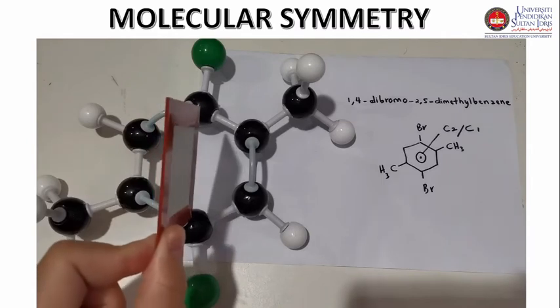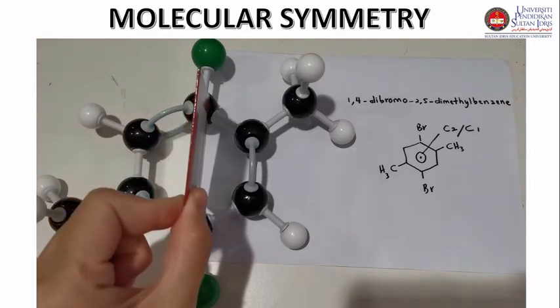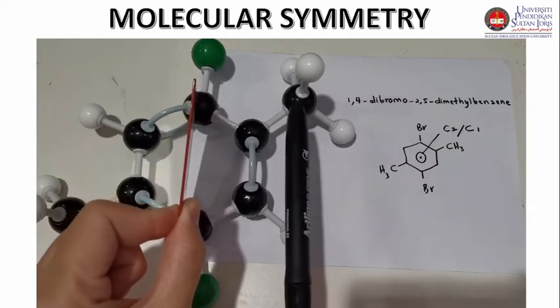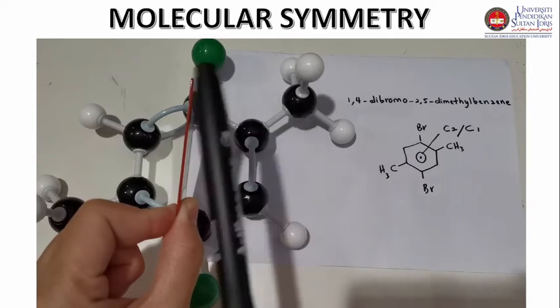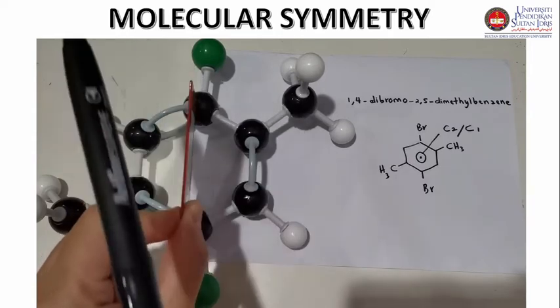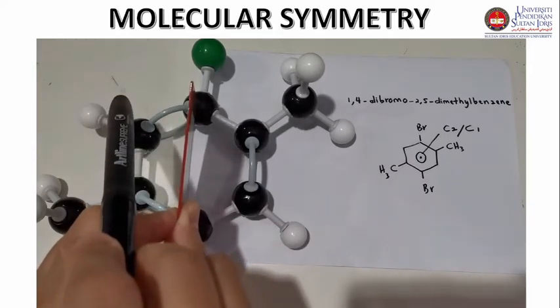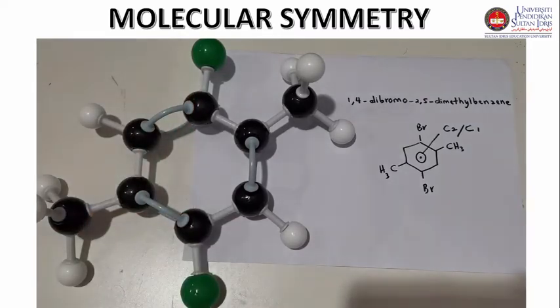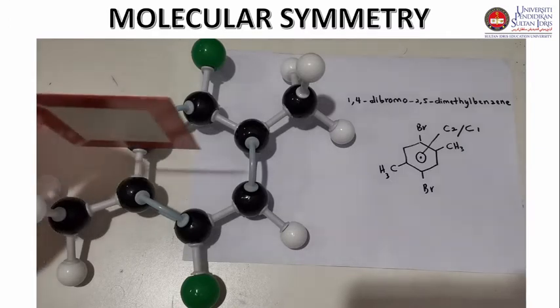Now we check for planes of symmetry along this axis, whether it reflects the same configuration or not. This methyl group reflects through this plane to here, so this is not an equivalent configuration, and this axis does not contain a vertical plane.